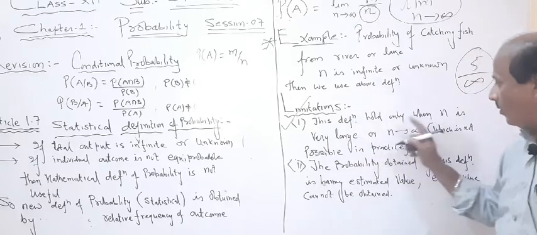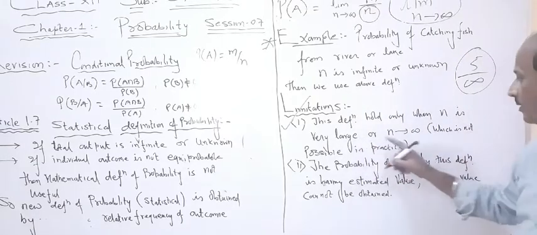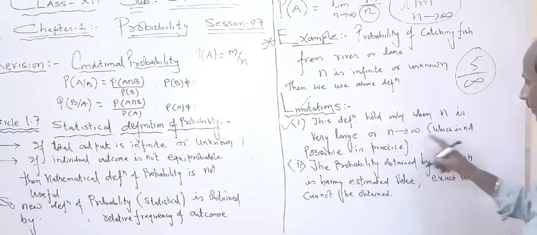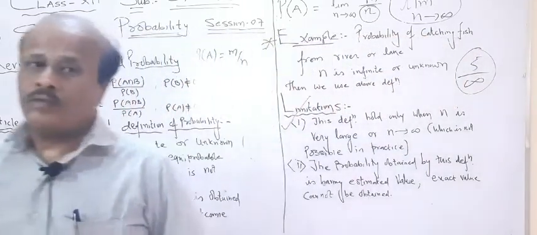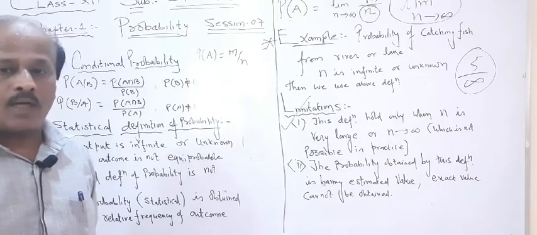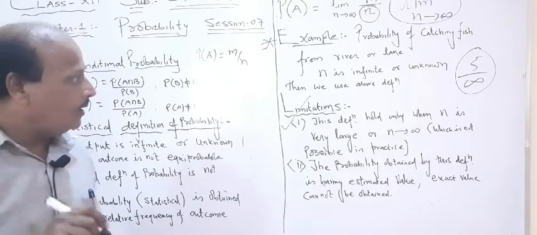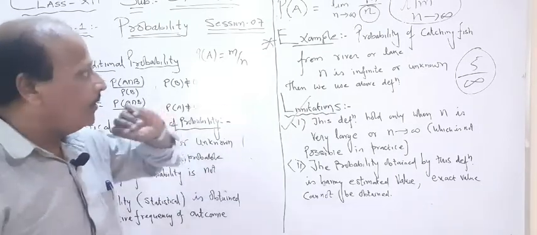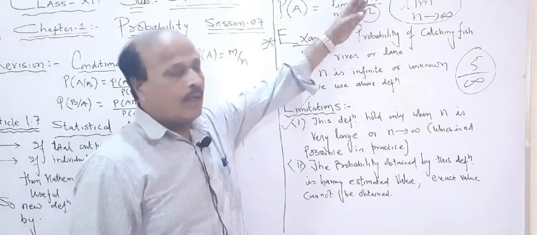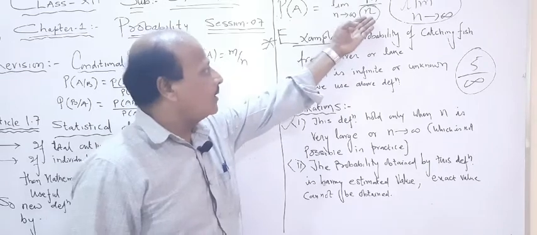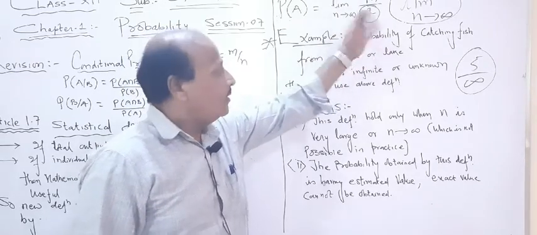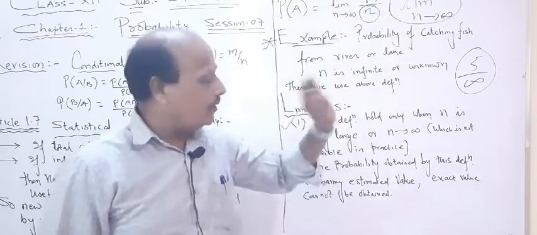This definition holds only when n is very large or n tends to infinity, which is not possible in our day-to-day life. Suppose I want to find the probability of a star. Then m is not known, n is also not known properly. Maximum n is infinity, then the result will not be a definite one.